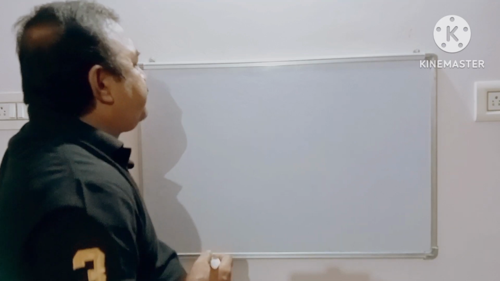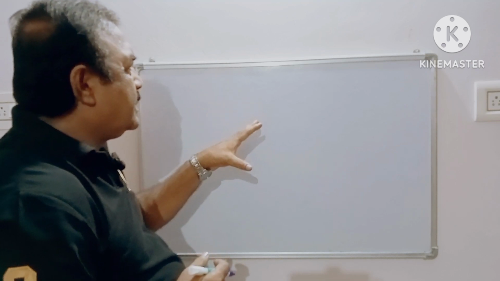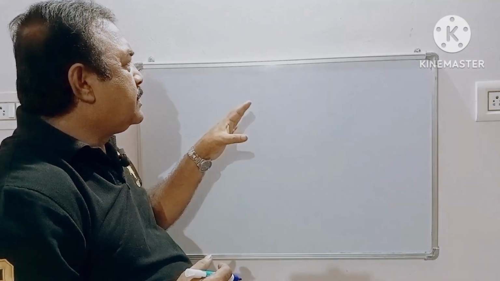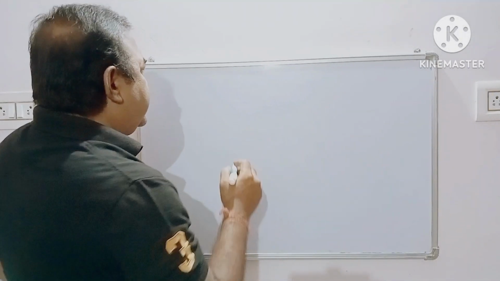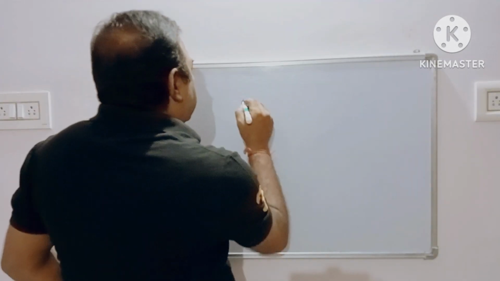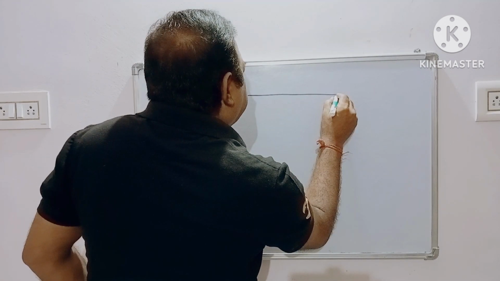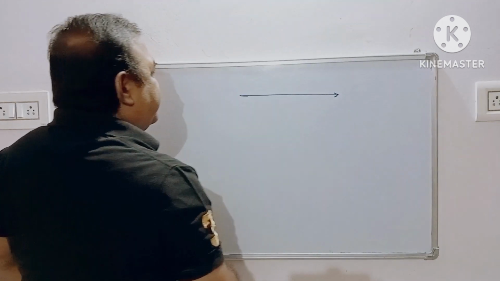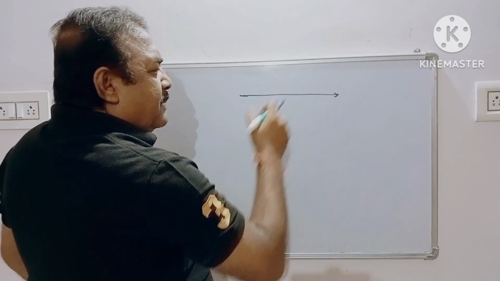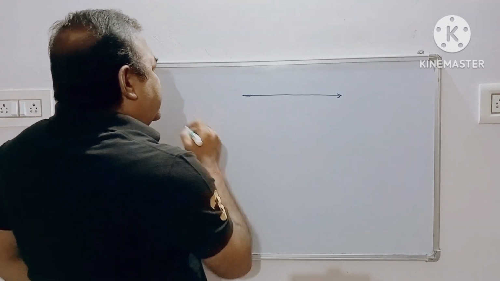And you see, we have to represent the integers on the number line. Before going to integers, let us start from the natural numbers. Use the ruler, and with the help of the ruler, represent a line first. Strictly it is an arrow, but in mathematics this is a number line.